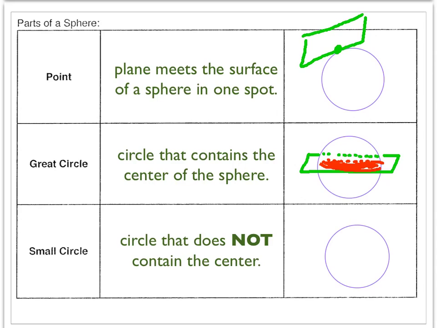And then of course a small circle, that's if your plane section cuts it anywhere else and creates a small circle. Pretend I've got the same type of plane section. By the way, the green is supposed to be my plane section that's cutting through. It's my saw blade. The small circle is going to cut it somewhere other than through the center, so it's going to create a smaller circle.